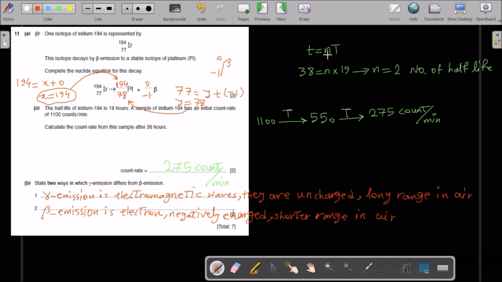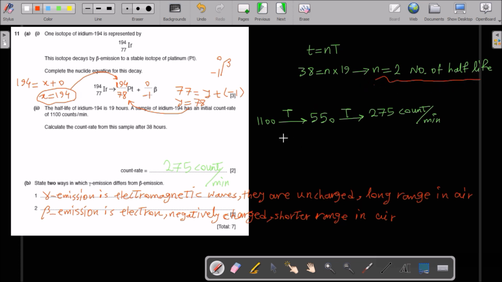Time is equal to number of half-lives times one half-life. So T is equal to NT. Time is 38 hours, number of half-lives is N, and half-life is 19 hours. So the number of half-lives will be 2.